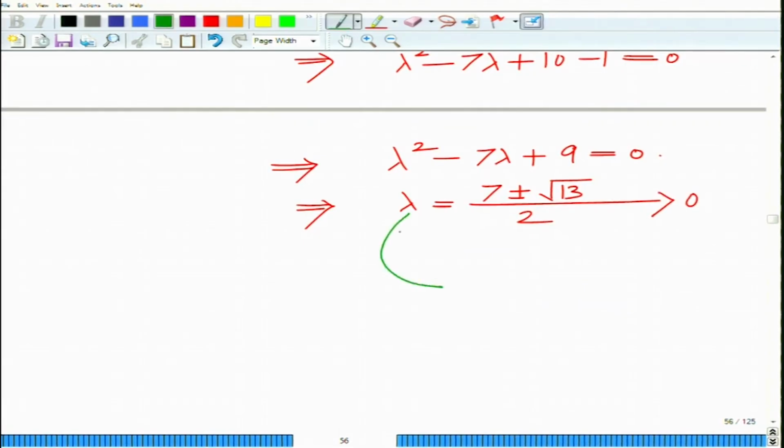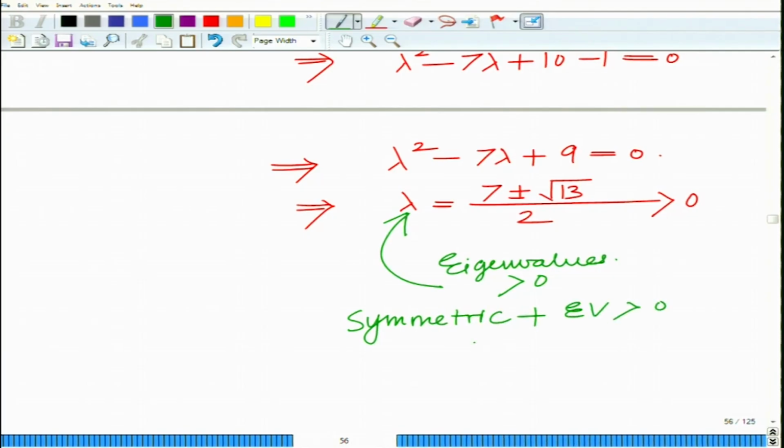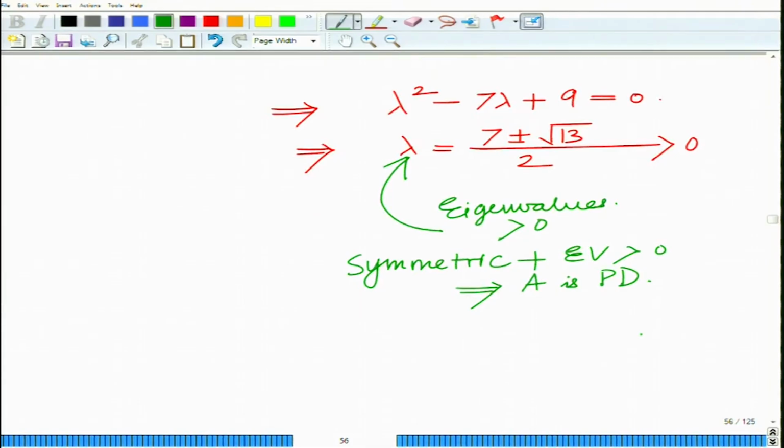It has two eigenvalues and the eigenvalues are strictly greater than 0. So, symmetric plus the eigenvalues greater than 0 implies A is positive definite. Okay, so A is a positive definite matrix.